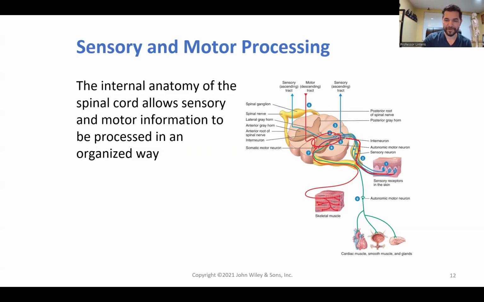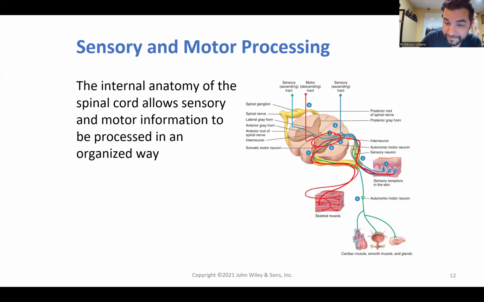We can see some integration, and we can see motor neurons coming out the front, as always. Again, these messages are organized in a specific manner, so there's specific pathways where a specific sensory input will go. Reflexes kind of pop in and pop out, but there is sensory information that gets sent in that needs to get processed by the brain, right?